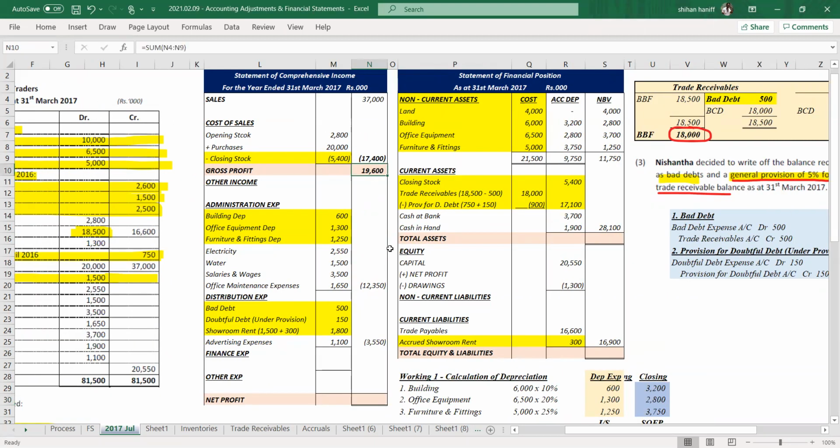Gross profit is 19,600. Net profit is 3,700. Balancing for 39,850.